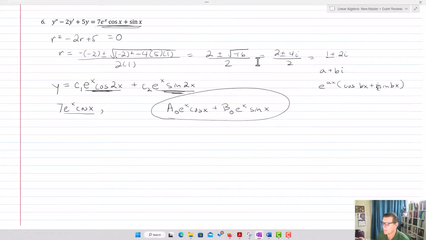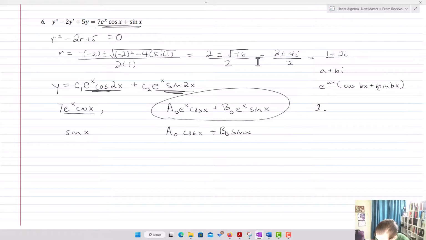Inside of your book, in 8.3, there is a chart of trial solutions that you can use, which is kind of handy. And then you just need to make sure that you know how to pick them. So that's my first one, for number 1, and the second one is sine x. For sine x, I'm going to have a naught cosine x plus b naught sine x.